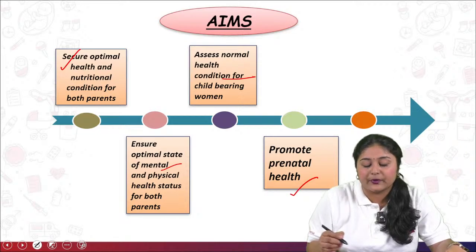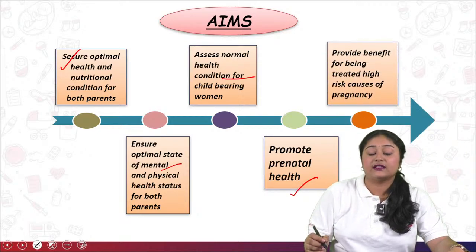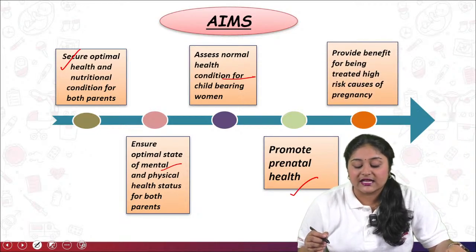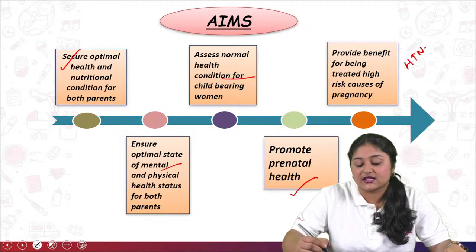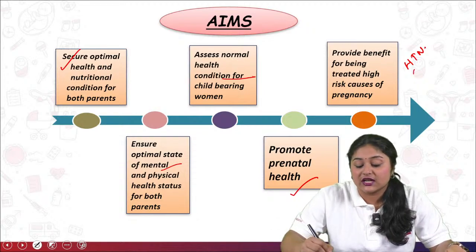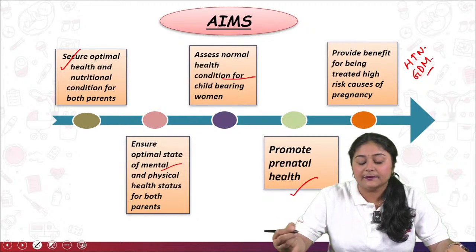Next is to promote prenatal health, and the last one is to provide benefit in treating high-risk causes of pregnancy, for example hypertension, gestational hypertension or gestational diabetes mellitus, etc.